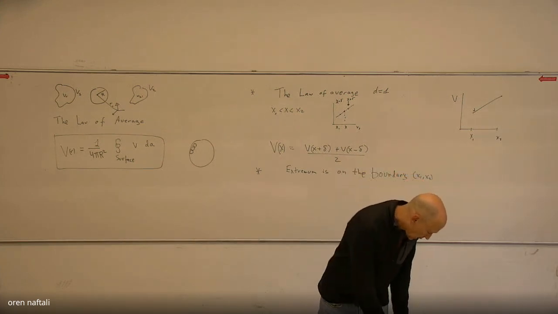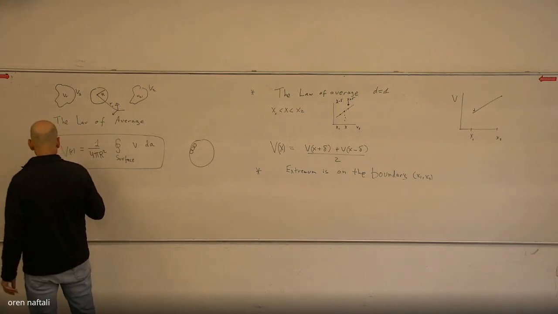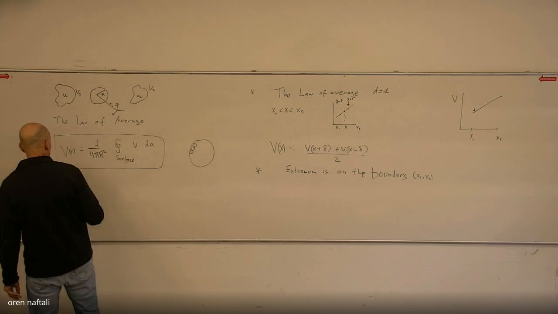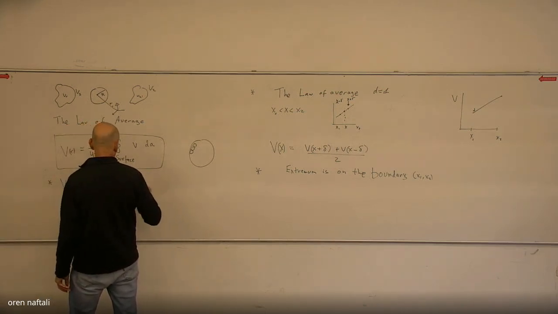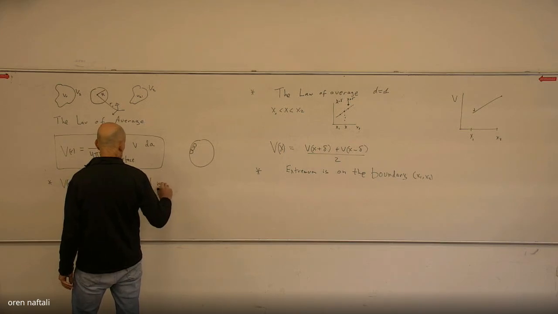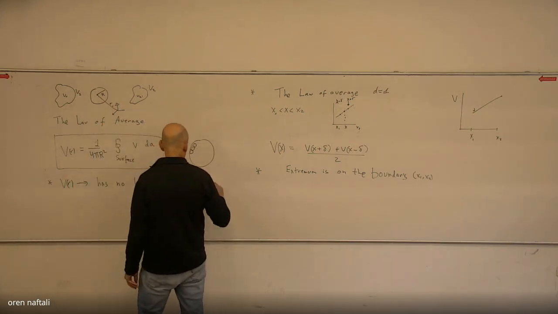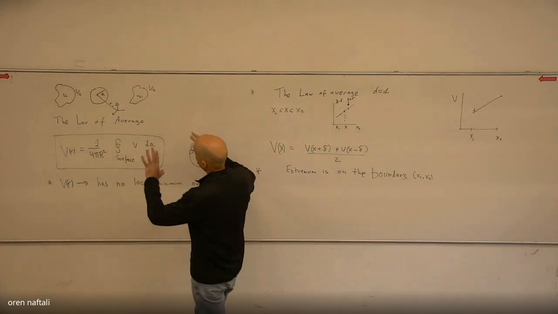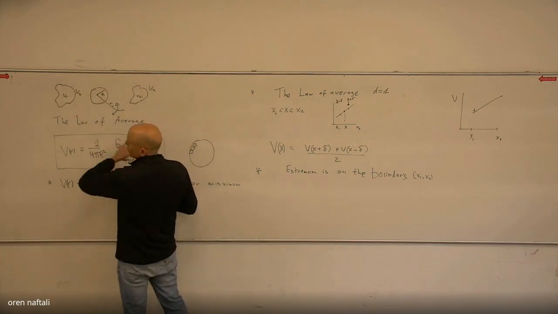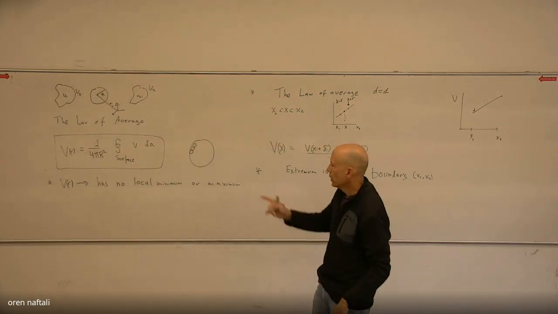But the second thing is that V of r has no local minimum or maximum. No matter how clever the engineer is in placing all these charges, there is no local minimum at this point because of this.